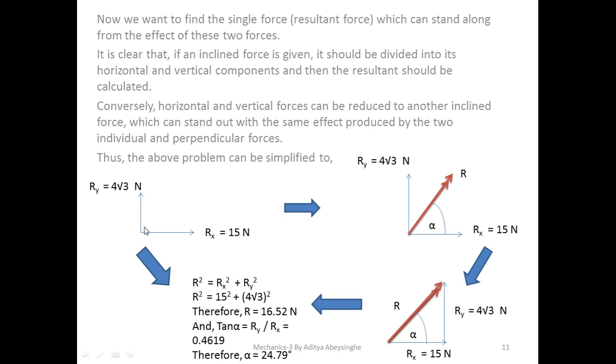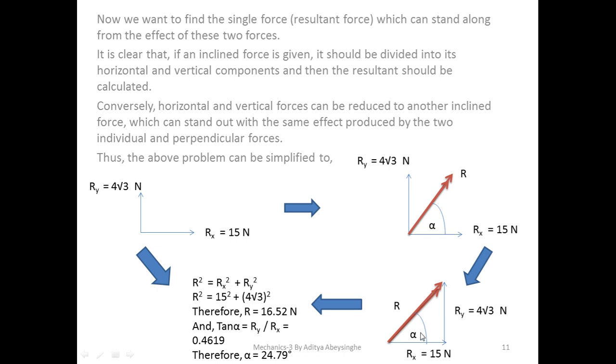Thus, the above can be simplified into a relationship like this. So this is 4 root 3 newtons, this is 15 newtons. What generally happens is that this is actually a right angle triangle, in which we can apply the Pythagoras theorem.